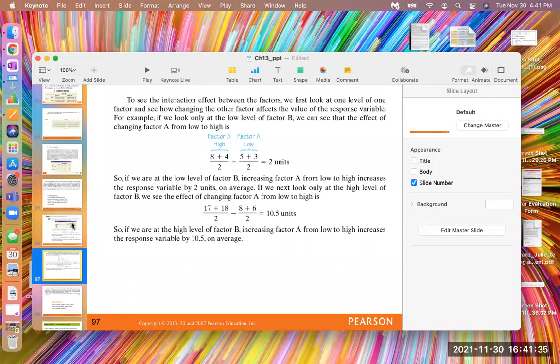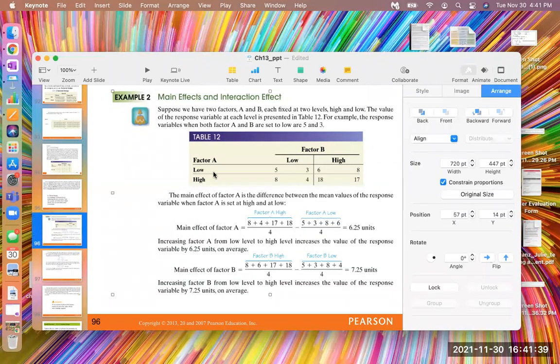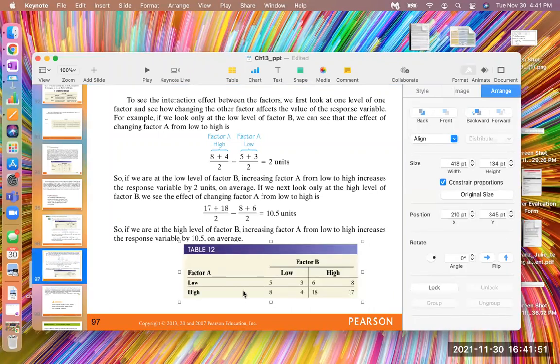So let me copy this back over really quickly. Let me see if I can get just this little table for us so we can see it over here on the other screen. Okay, that's perfect.